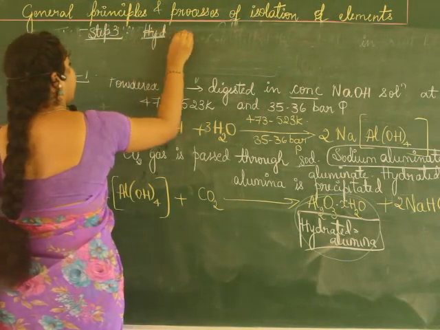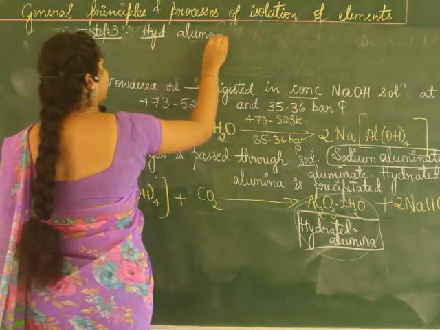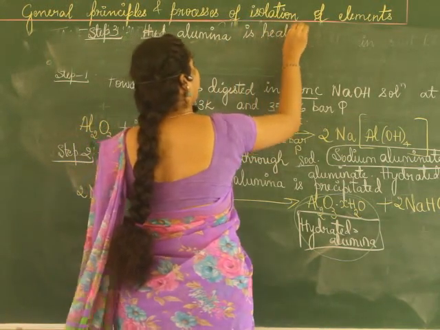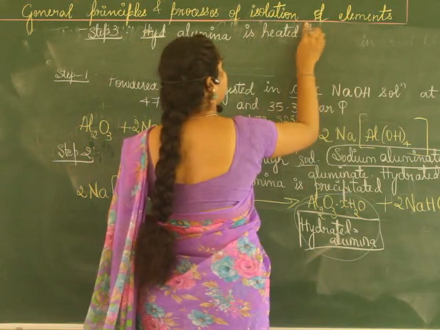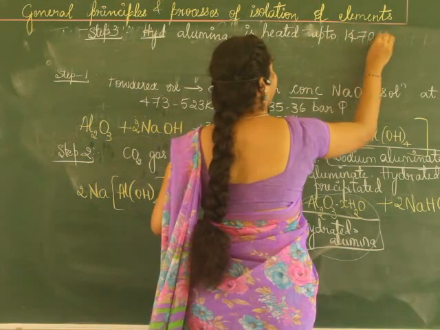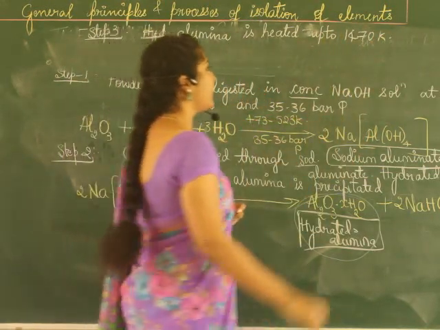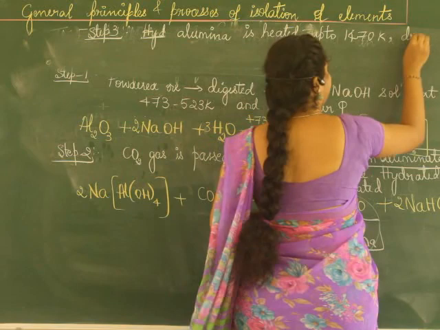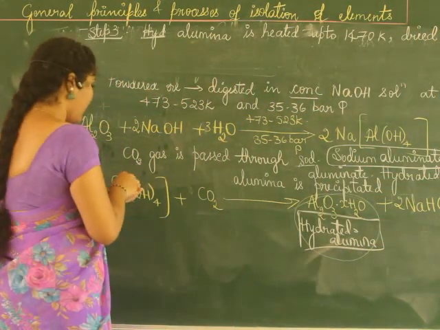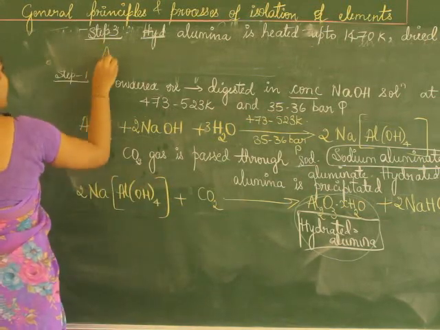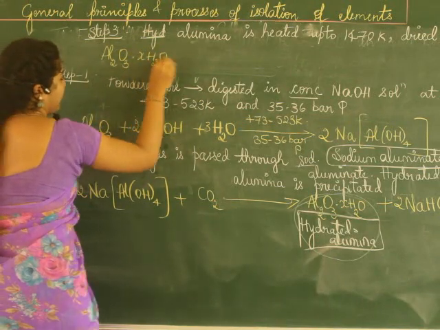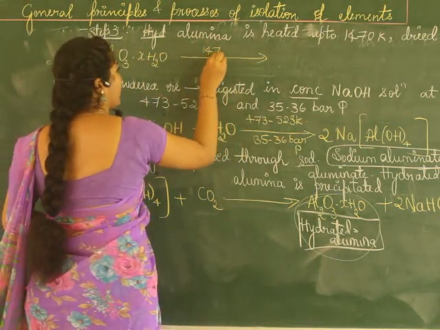Hydrated alumina is heated up to 1470 Kelvin, then dried. Right? Dried. So what is the equation? How do you write it? Hydrated alumina is heated to 1470 Kelvin.